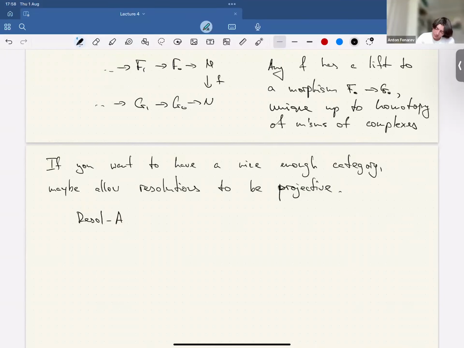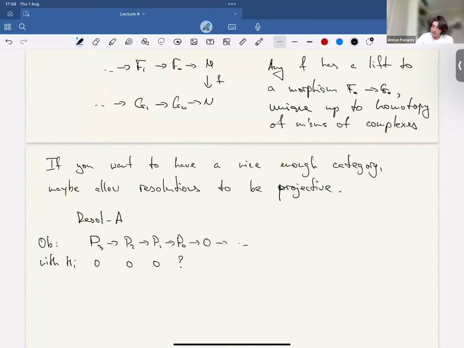This is the category where the objects are complexes of the form P3, P2, P1, P0, 0, with homology 0, 0, 0, question mark.